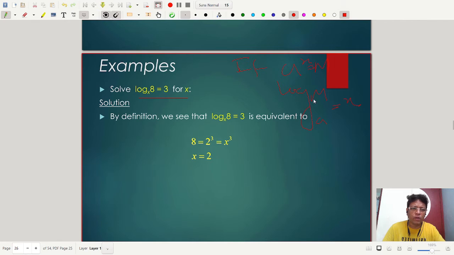Or you can go the other way: if log m base a equals x, then a to the power x is m. So x cubed is 8, right? And 8 is 2 cubed. So x equal to 2. That's it. That is the exponential property I am using. So this is how you can deal with the problems.